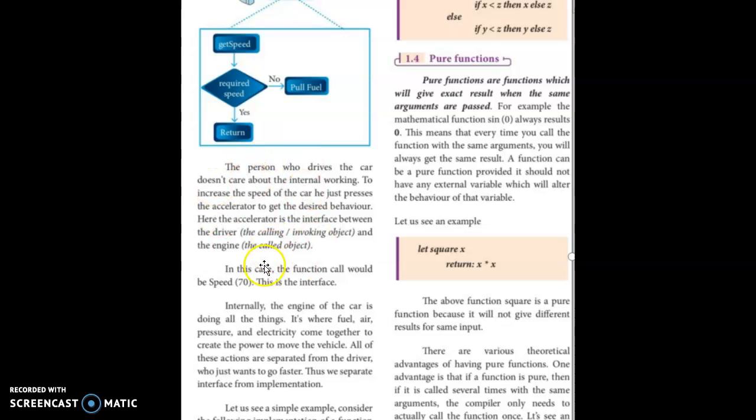That's all that is given in this paragraph. The person who drives the car does not care about the internal working of the car. To increase the speed of the car, just press the accelerator to get the desired behavior. Desired behavior means increasing the speed of the car. Here the accelerator is the interface between the driver and the engine. All the things are done by the engine.